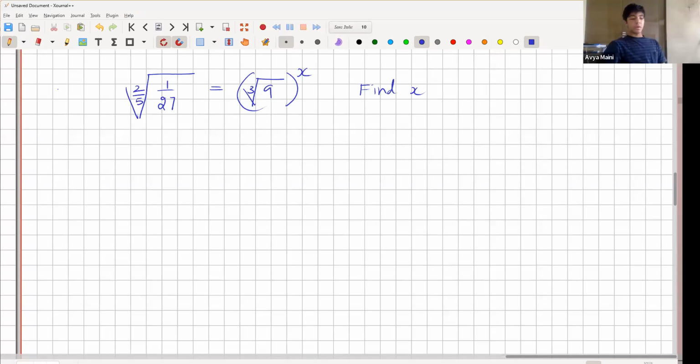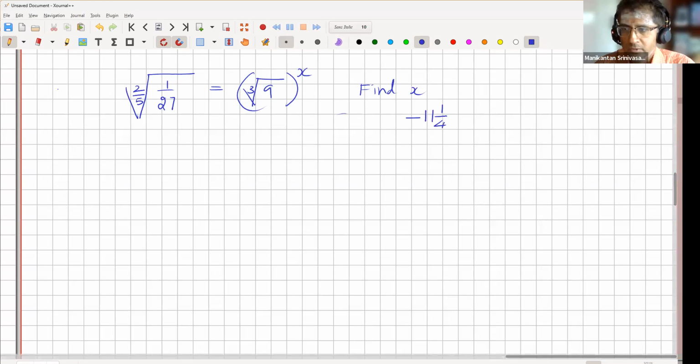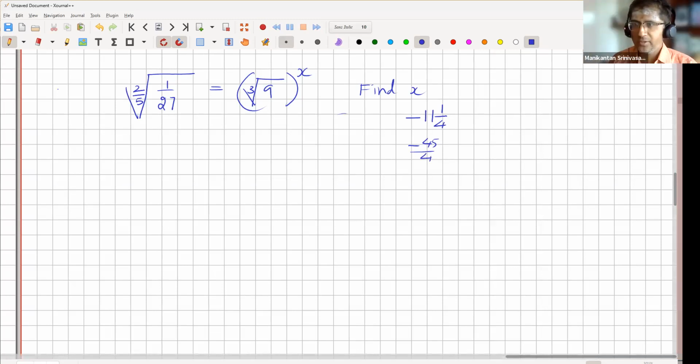So I got minus 11.25. Louder, please. Minus 11.25, 11 and 1/4. Okay, I got minus 45 by 4. Which is the same. Minus 45 by 4 is the same. I haven't simplified it yet. 45 by 4 is 11 and a quarter, right? As you say it, you can simplify it, right? Okay, Sumer, you also concur.